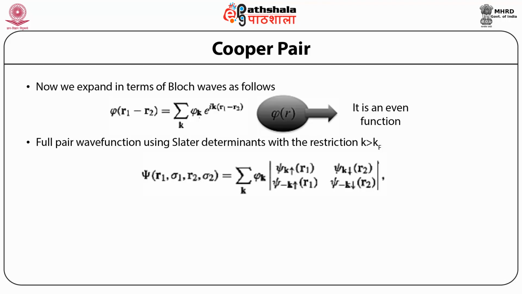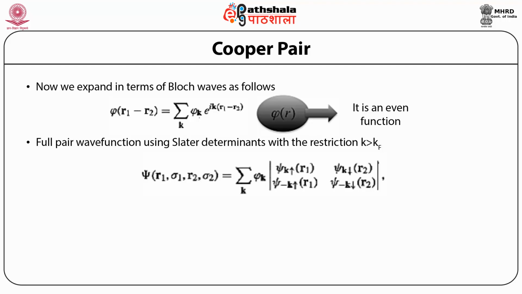And the off diagonal elements are as shown: the first entry in the second column is the coordinate r2, down spin, with the wave vector k, and the other one is exactly opposite, placed at r1 coordinate with up spin and wave vector minus k.